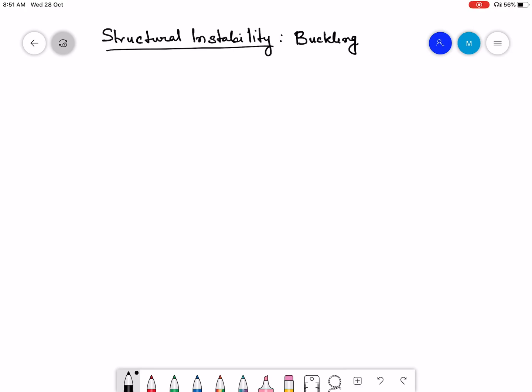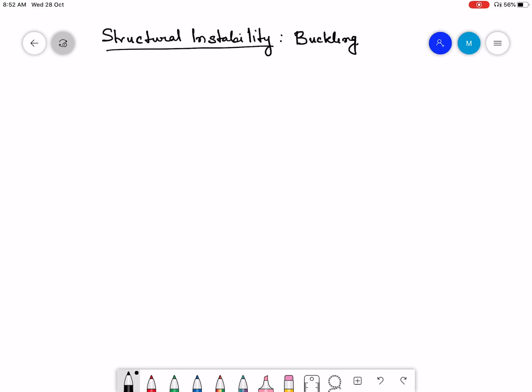This is more because we deal with thin structures and long slender beams in aircraft components, and that's why buckling is a persistent issue that one has to keep in mind while designing aircraft structure.